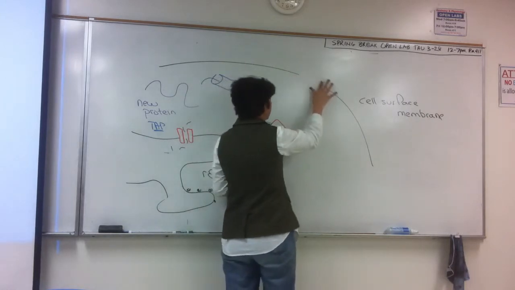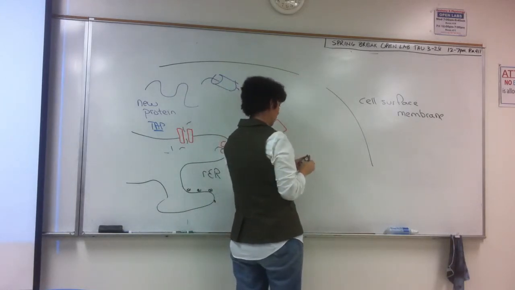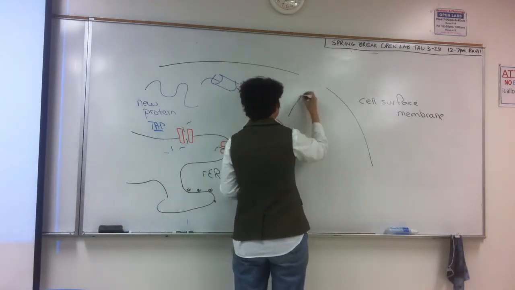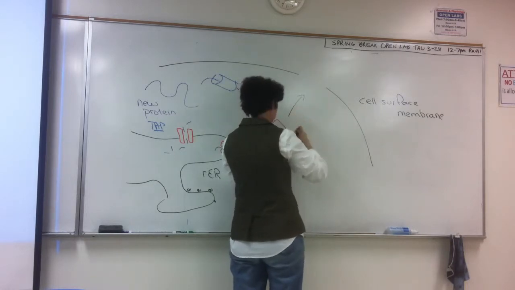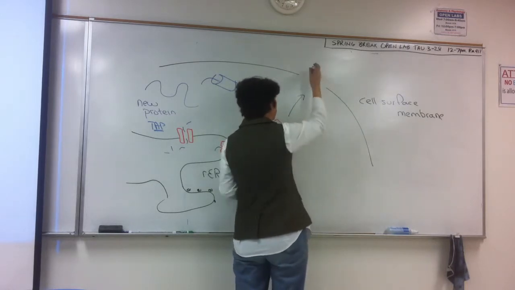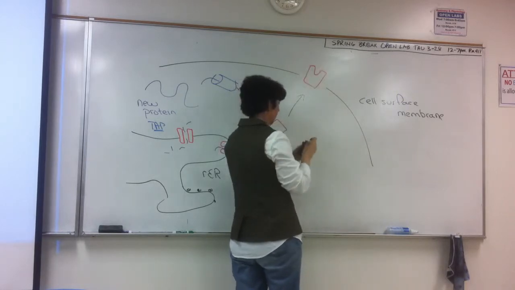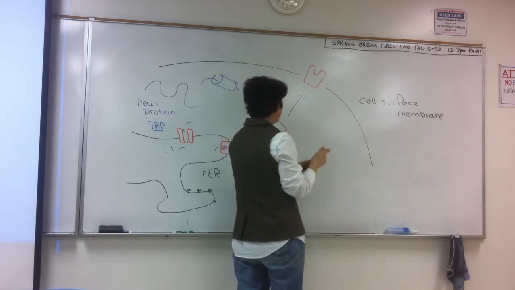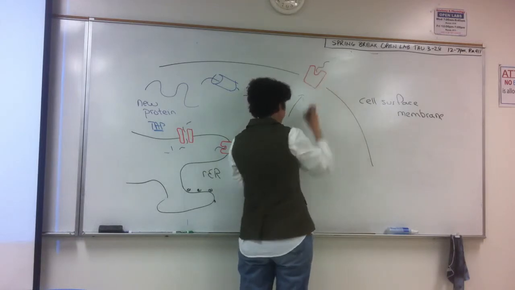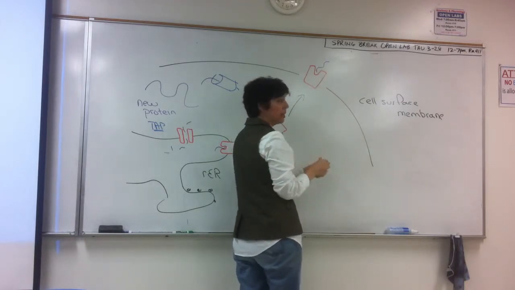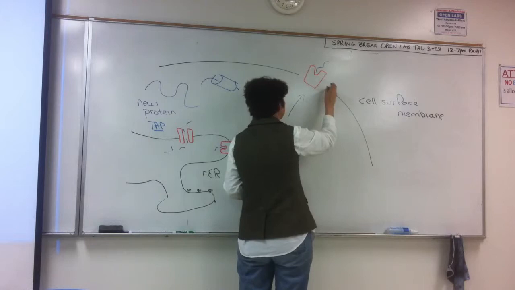So it ends up fusing with the surface membrane. And now we have on the surface of this cell an MHC class 1 molecule with an endogenous peptide being presented on its surface.